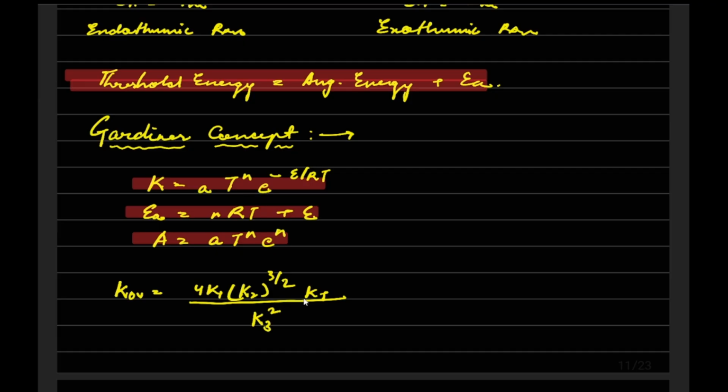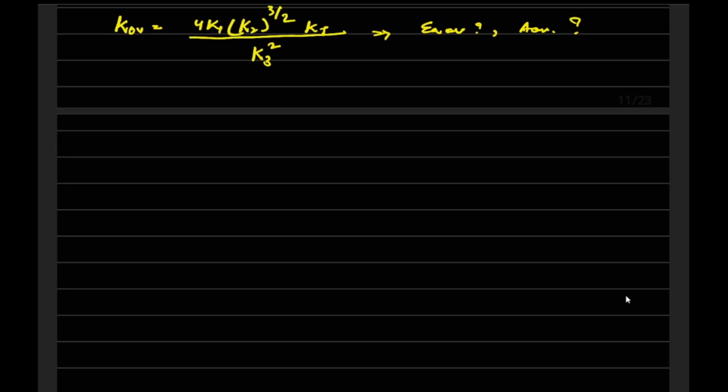So how will we find EA overall and A overall? From this, determine EA overall and A overall. EA overall is nothing but, we do not have to consider the multiple constants, whereas the rest we have to consider.